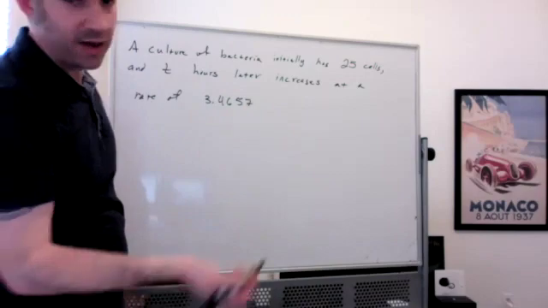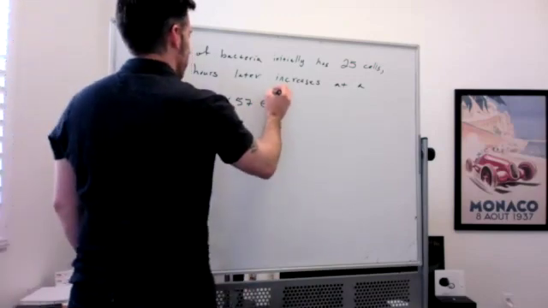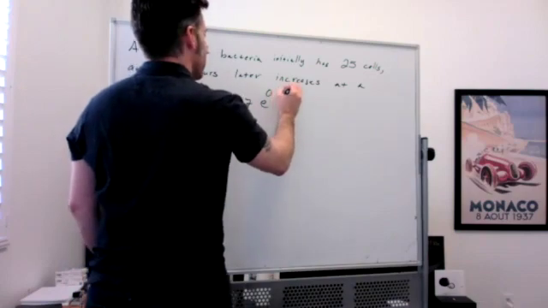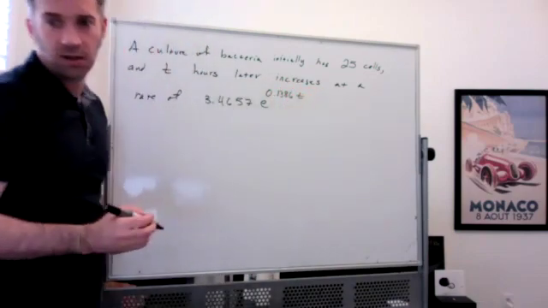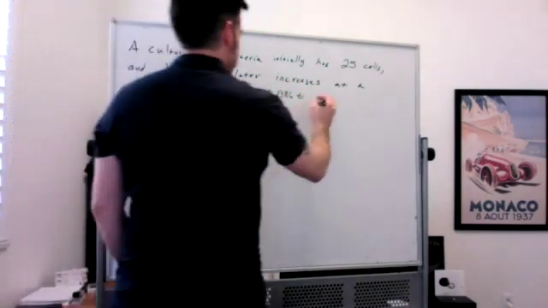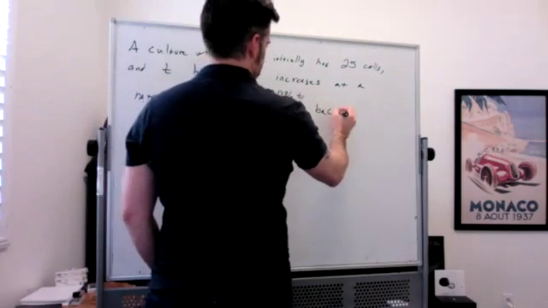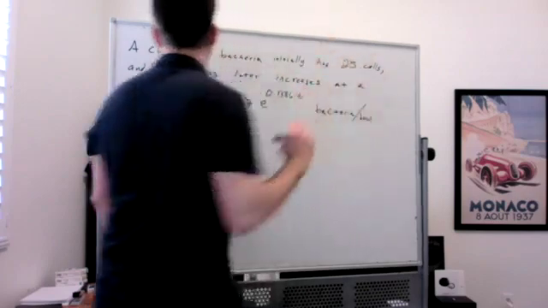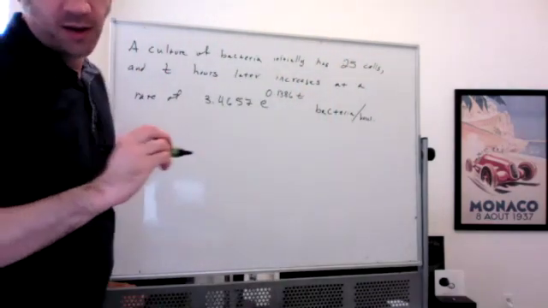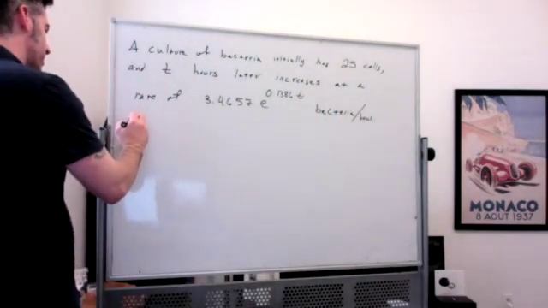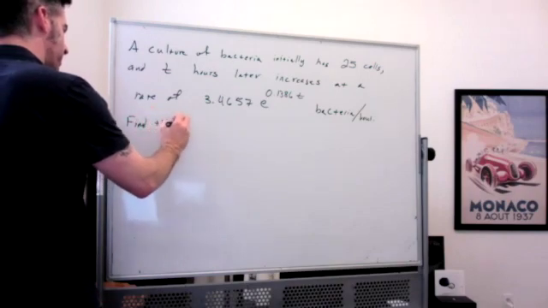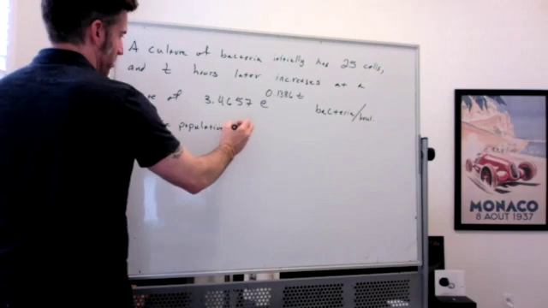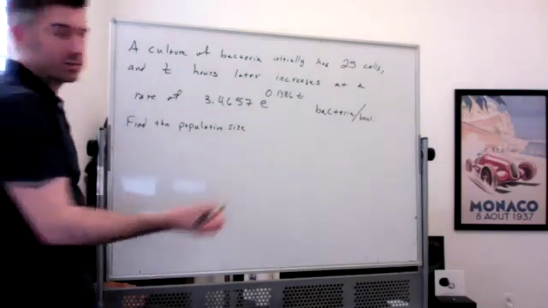Times e to the 0.1386t bacteria per hour, or bacterial cells, whatever you want to say. Okay. Find the population size after 4 hours.